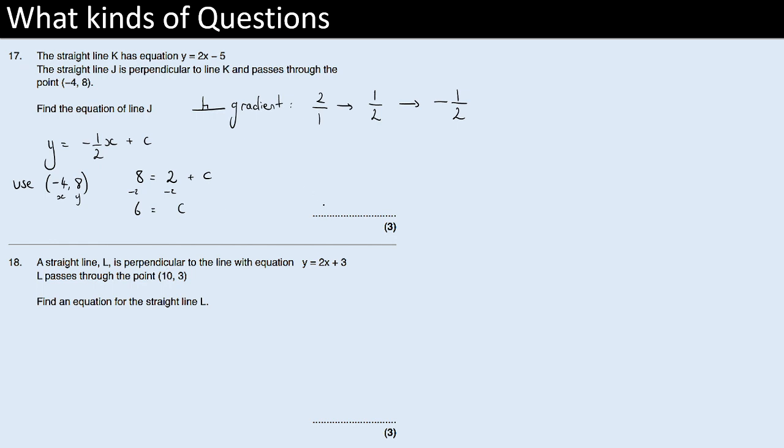That means my equation for my line J would be y is equal to negative a half of x plus 6. And if you want to write the x on top of the 2, that's fine as well. And where would I say the marks would come from? I would probably say 1 for that, 1 for that, and 1 for that.